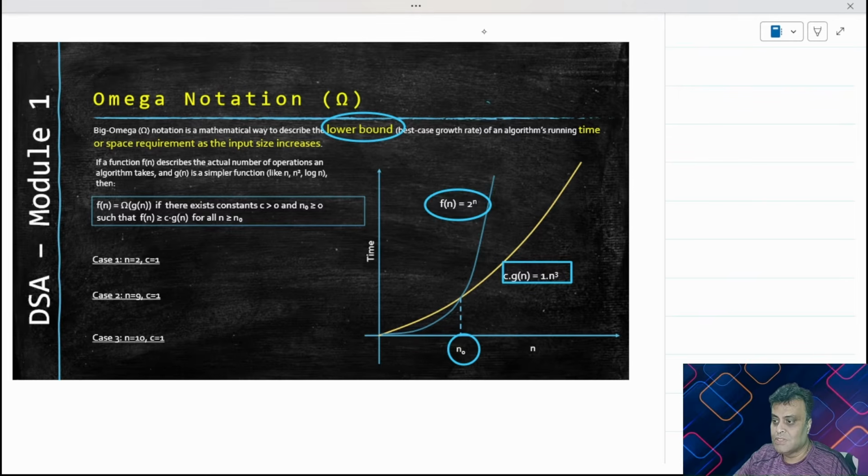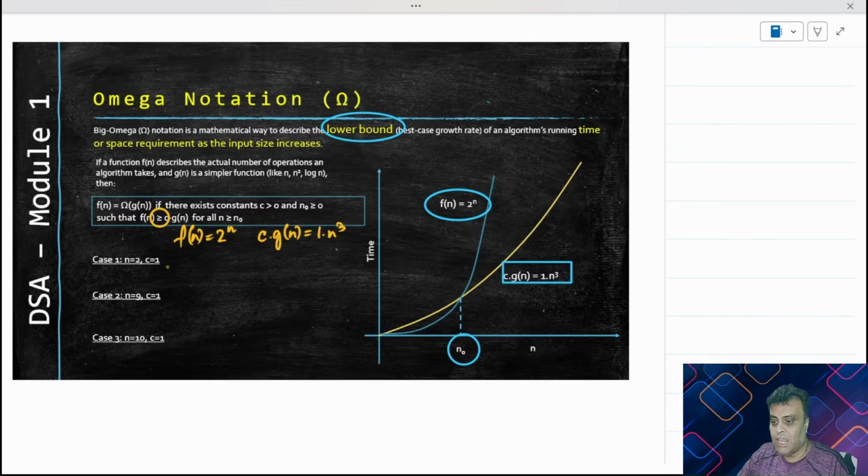So let us figure this out. Our equation has now flipped to saying that Fn is now going to be greater than or equal to CGn. Let us see what our Fn is. Our Fn is 2 to the power n, and our CGn is 1 dot n cube.